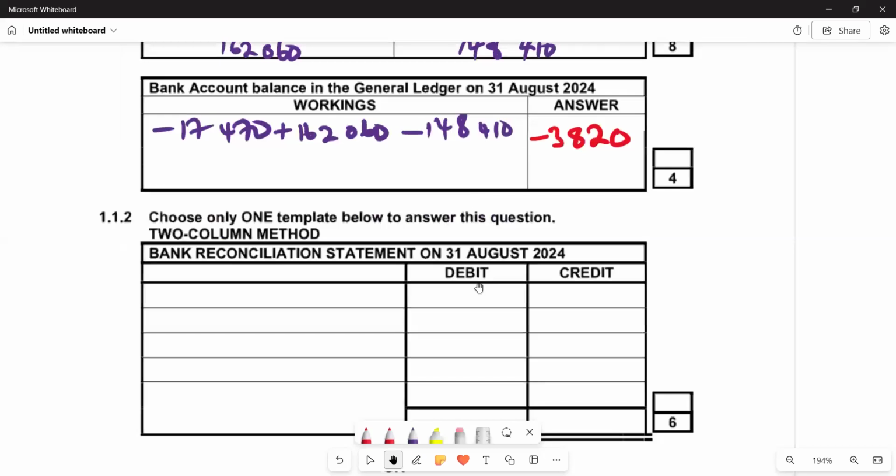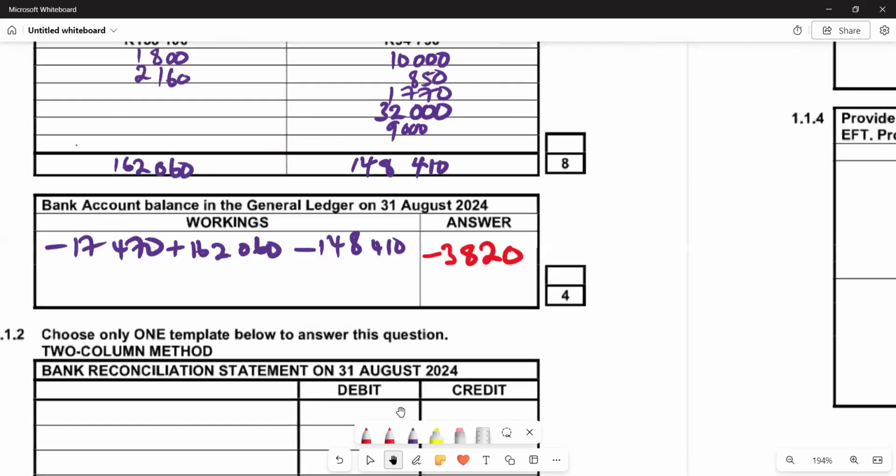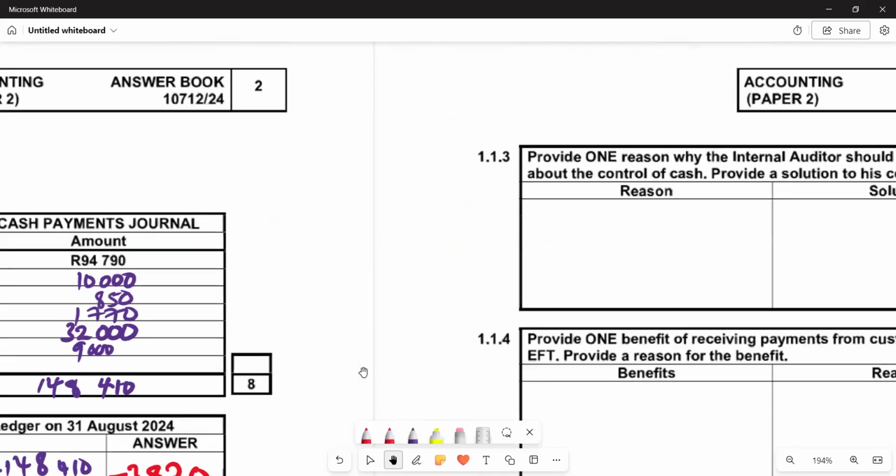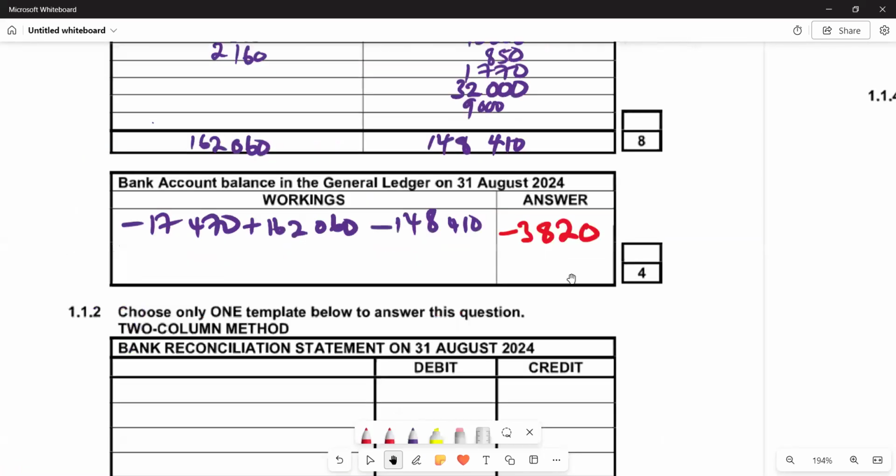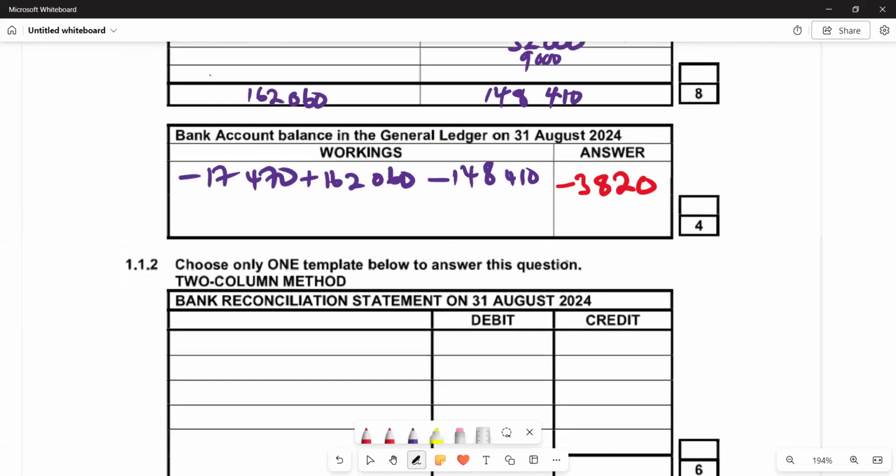So this is what we have. We are going to debit amounts incorrectly credited.